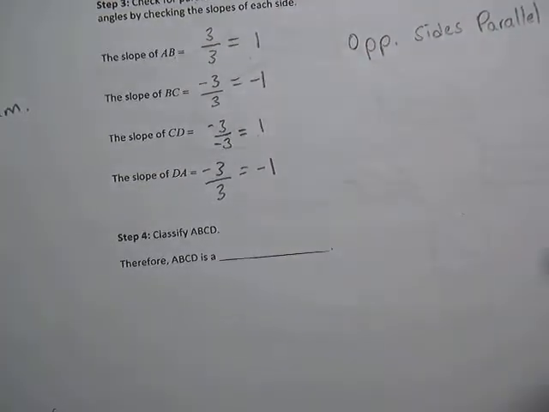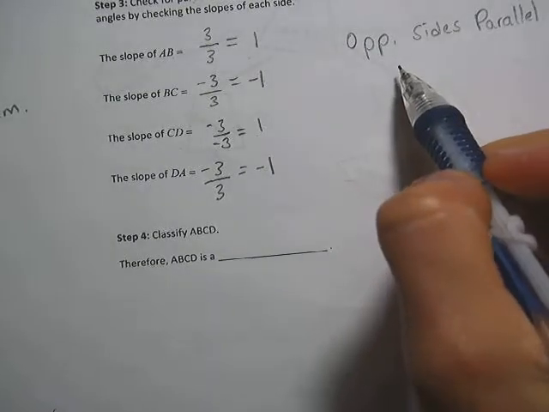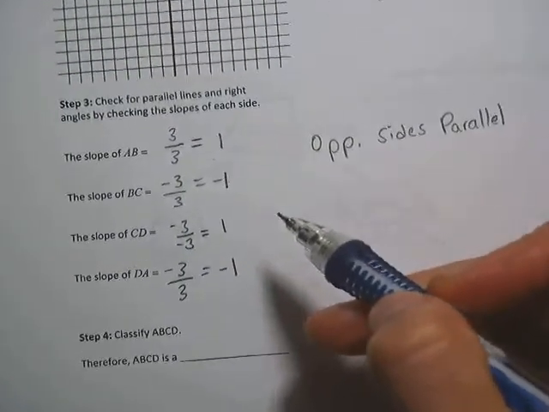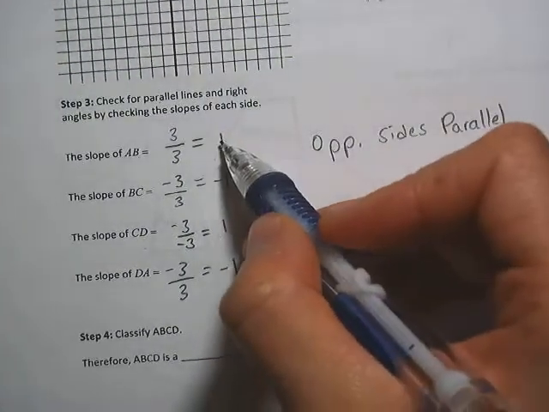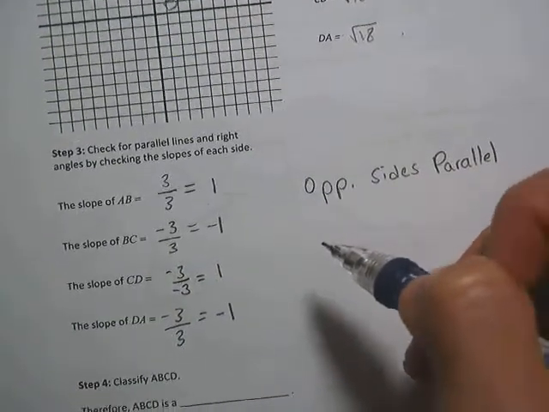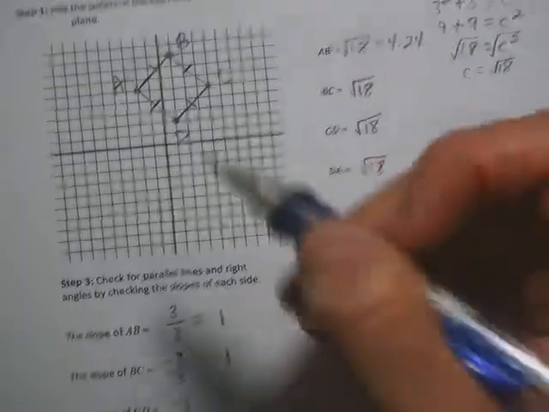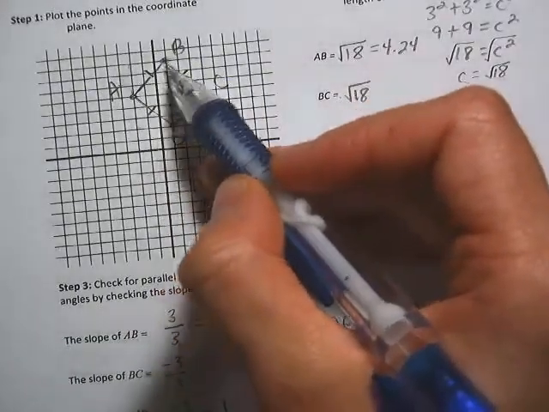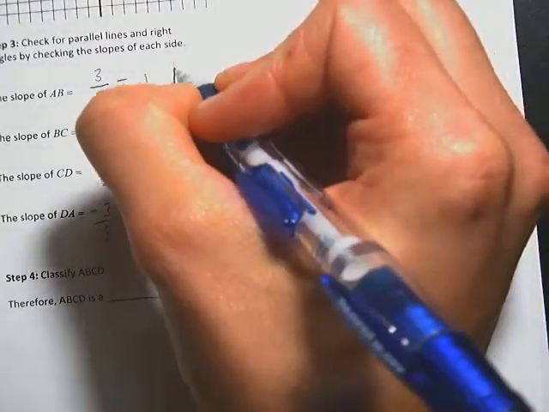But then also, to see if they're perpendicular, you look at the sides that are beside each other and see if they have negative reciprocal slopes. So for instance, AB and BC are beside each other. If I look at AB and BC, remember you take this, so this would be like a 1 over 1.